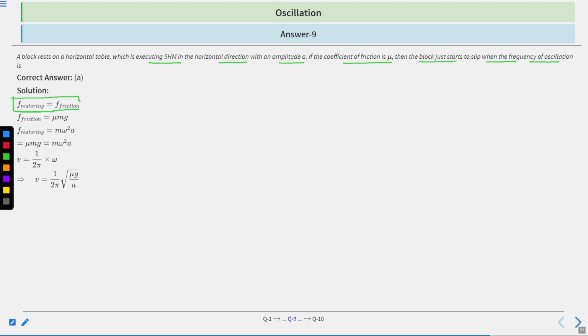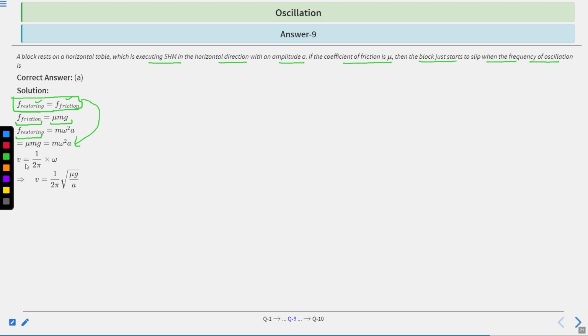The frictional force is equal to mu mg, and the restoring force is equal to m omega square A. So use this concept here: mu mg is equal to m omega square A.